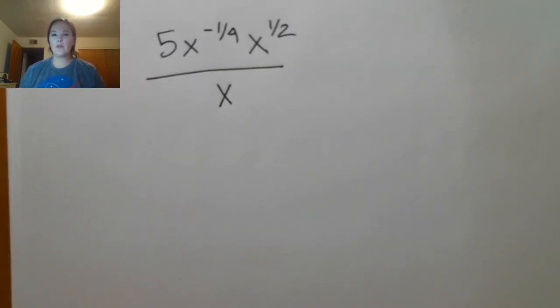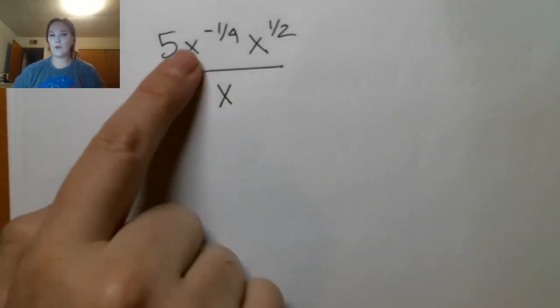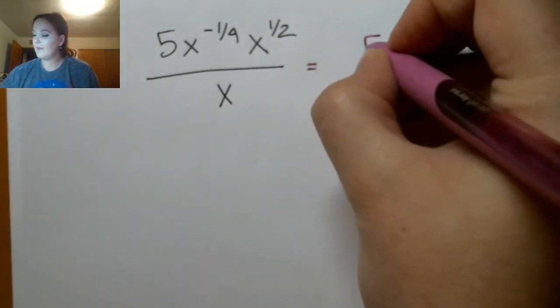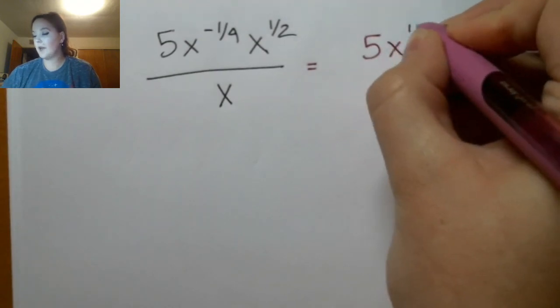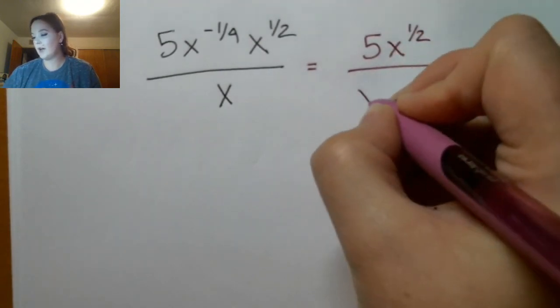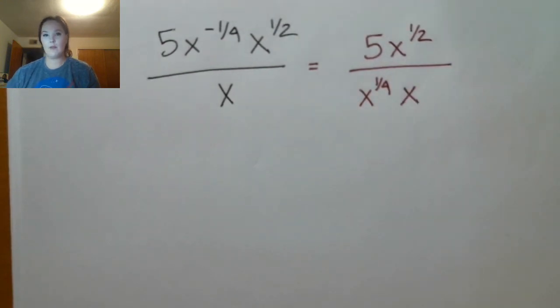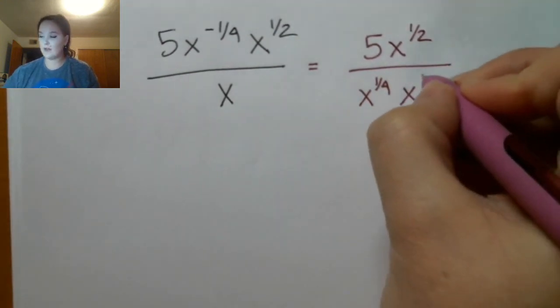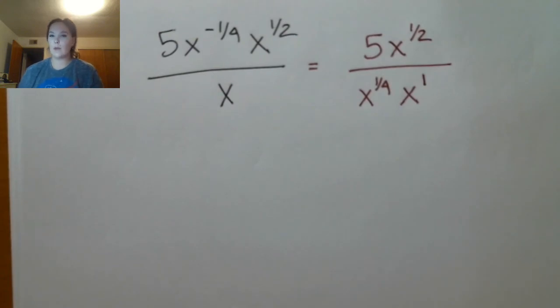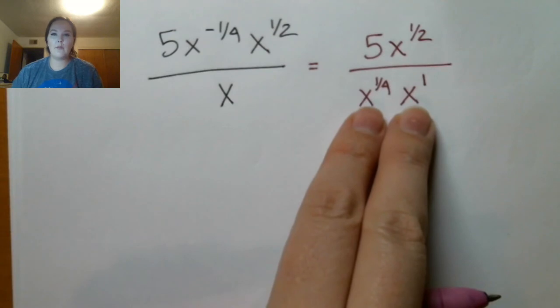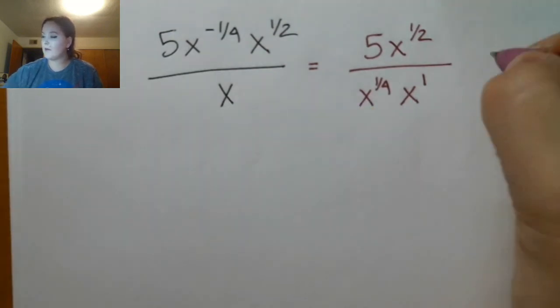If you decide to move this into the denominator first, you will get 5x to the 1/2 over x to the 1/4 times x. Remember this is x to the 1. Now you can combine these two by adding the exponents together.